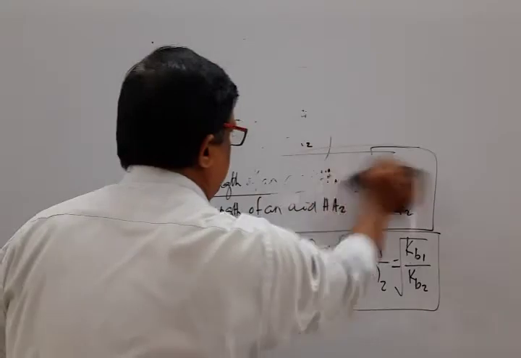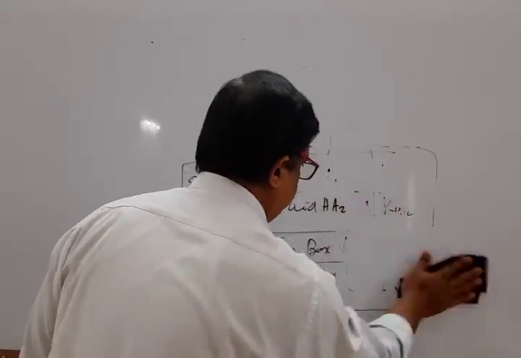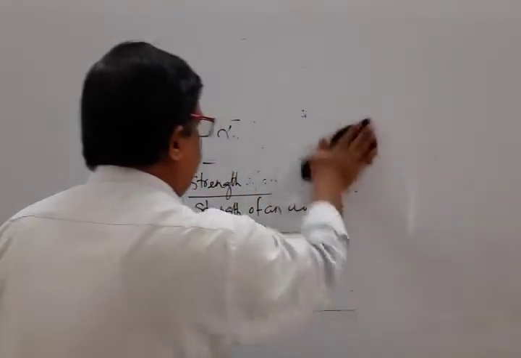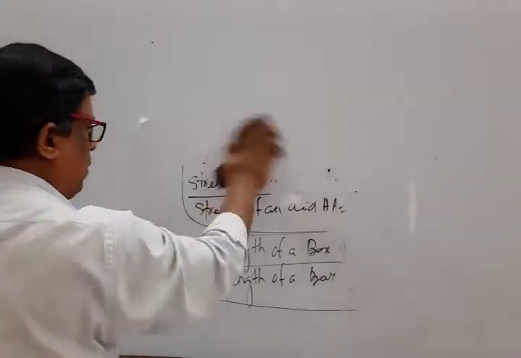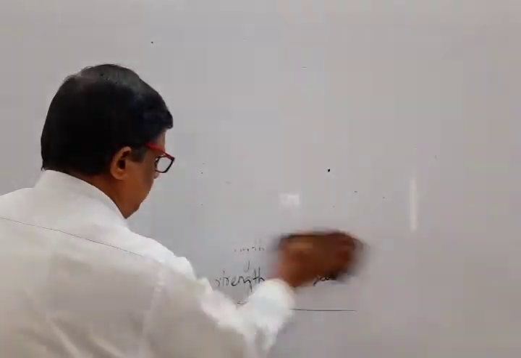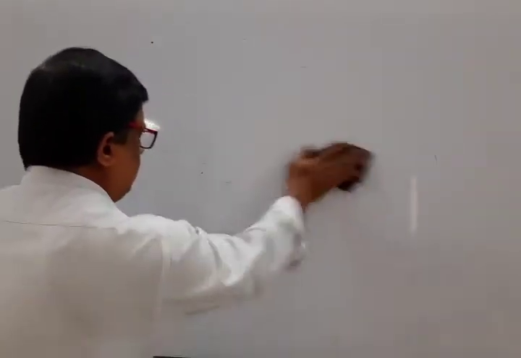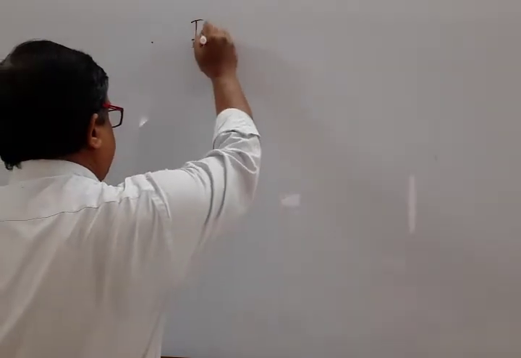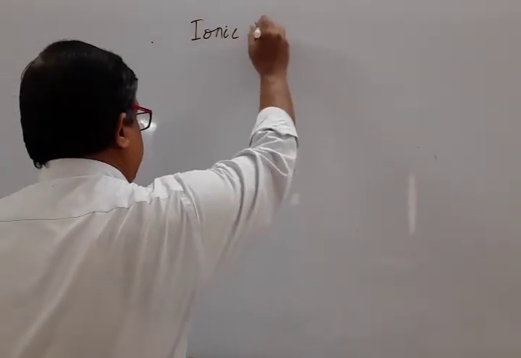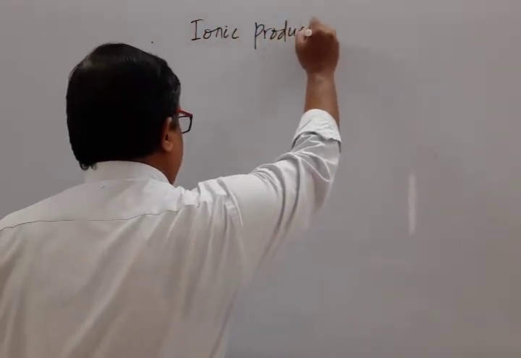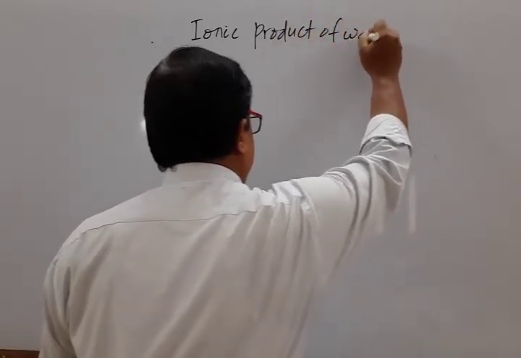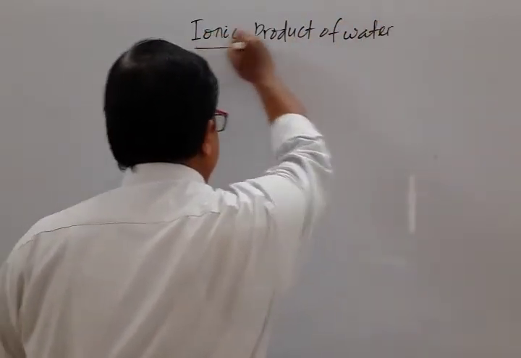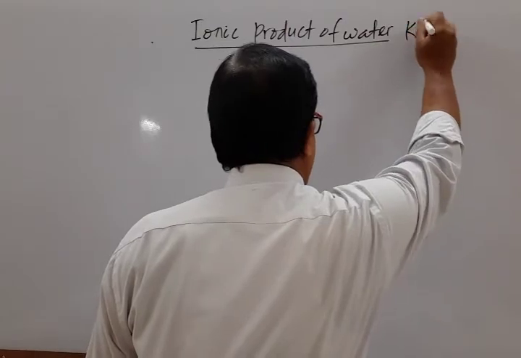Next one is the ionic product of water, that is Kw.